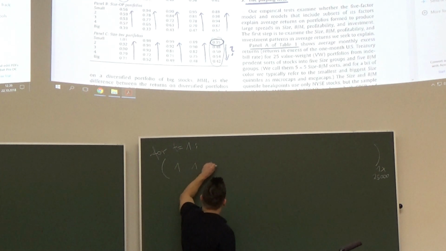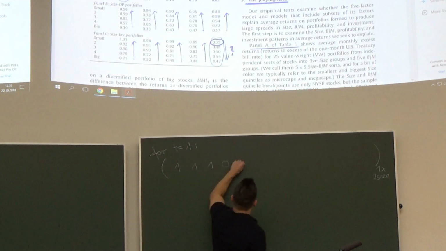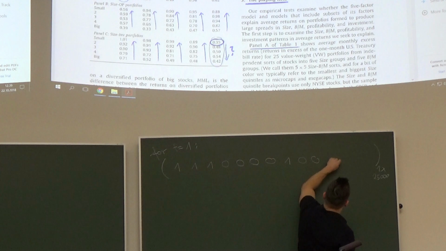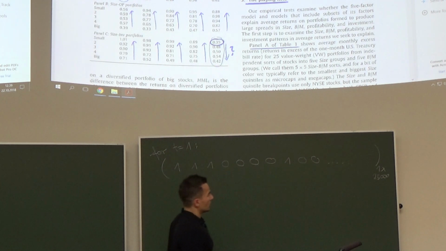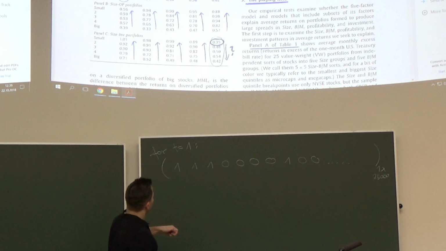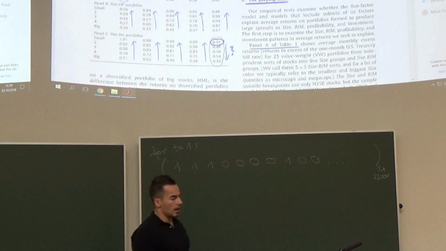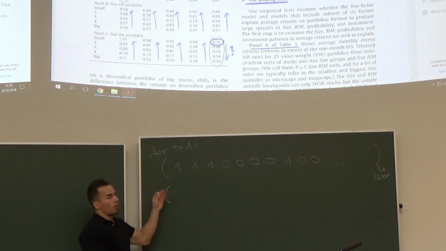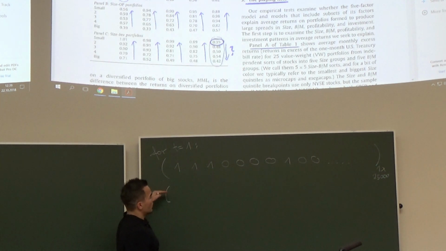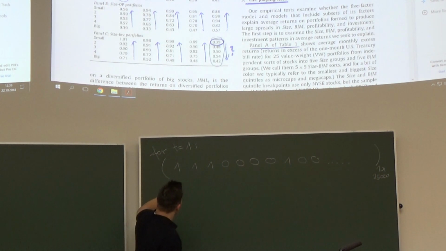So maybe the first couple of stocks are big stocks, then the others get 0, then we have a big stock again, 0, 0, and so on. Then you have the second condition. Let's say we want all stocks that are high investment stocks. Those should get a 1, otherwise a 0. Then we go through all of the stocks in our universe, and again we have a binary vector.